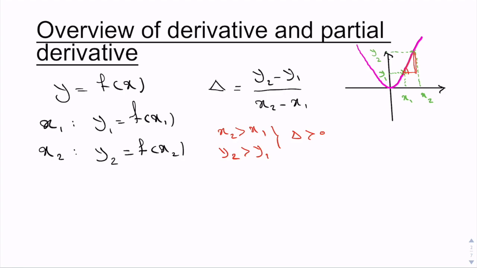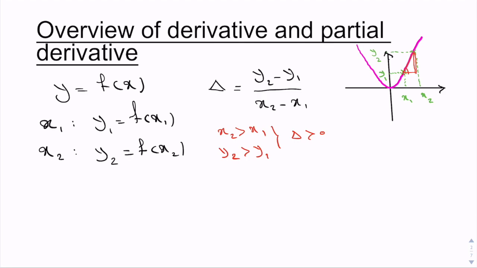So what is now the definition of derivative? The definition of derivative is when x2 is moving toward x1, and in the limit the distance between x1 and x2 approaches 0. That's when delta converges to the derivative.